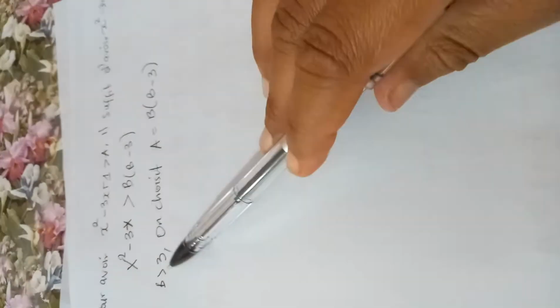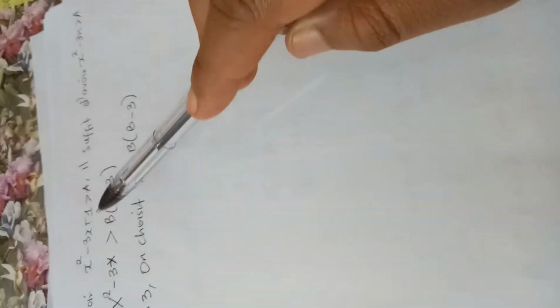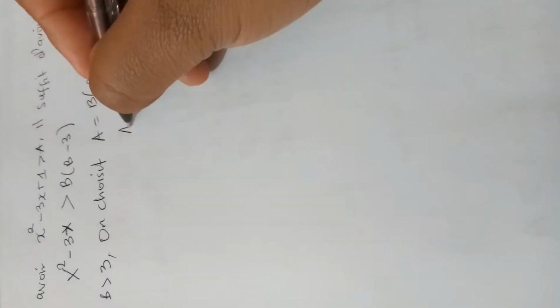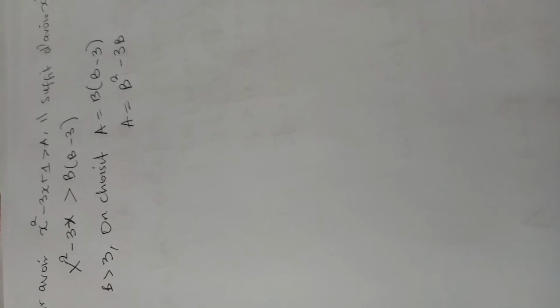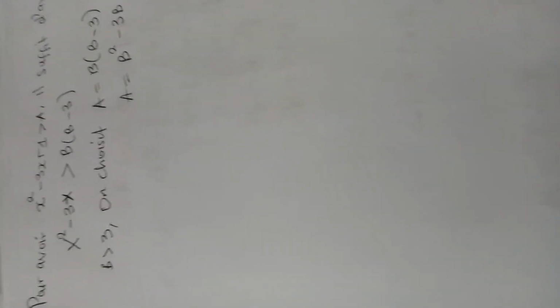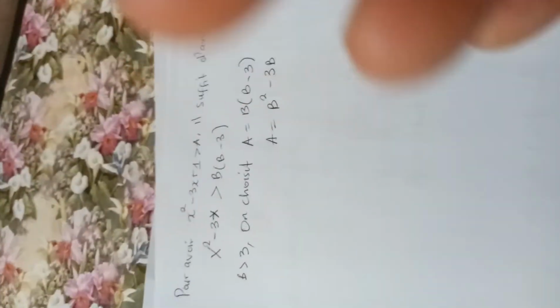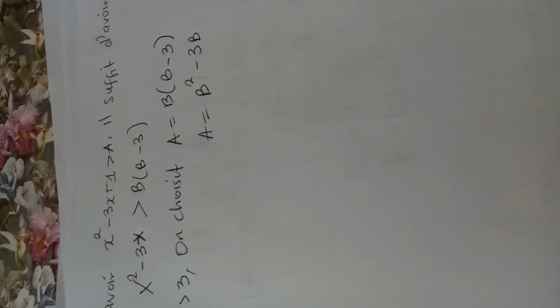That is because to have this, you see I can take a to be equal to this because this and this, they are the same. So I can say a is equal to this. And then if we do that, what are we going to have next? I can say a is equal to b raised to the power of 2 minus 3b. Yes, exactly what you're thinking. This looks like a quadratic. That's how we're going to resolve this question.